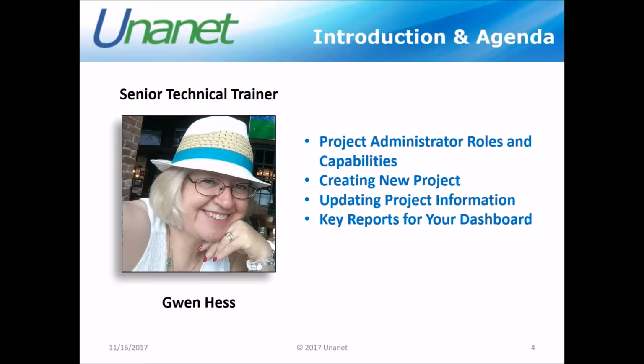And then, of course, any data that you put into the product, you want to be able to report on. So what are some of those key reports that you're going to want to have set up on your dashboard so that you're able to get to that information, understand exactly what's going on within your project, and help lead your business to be the most successful that it can be?